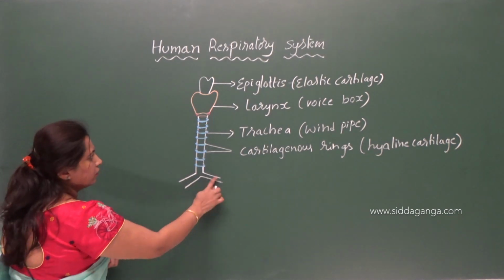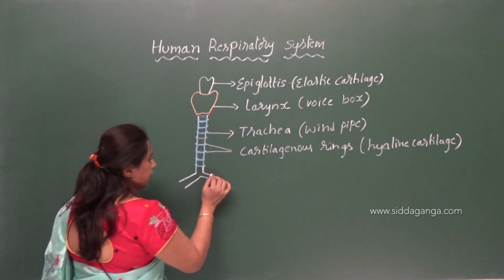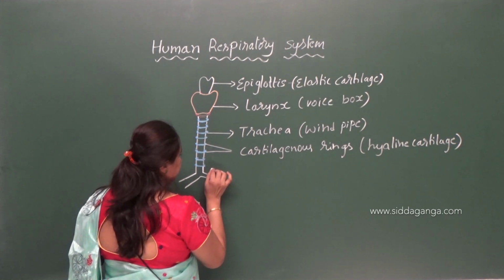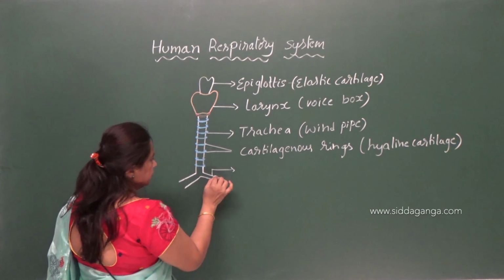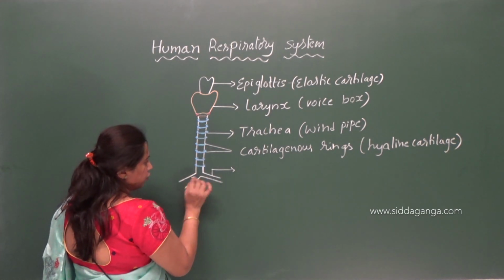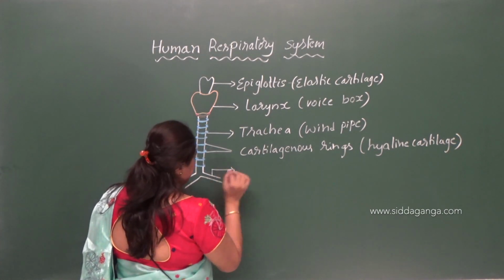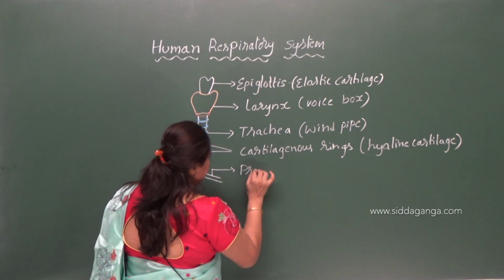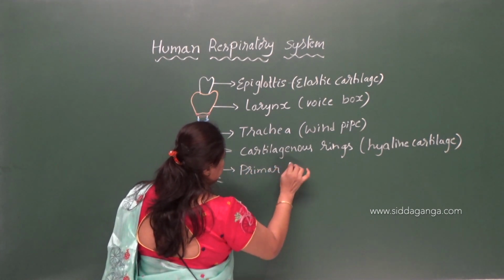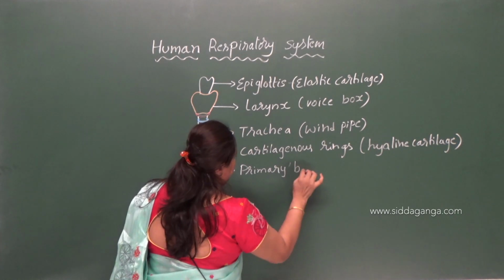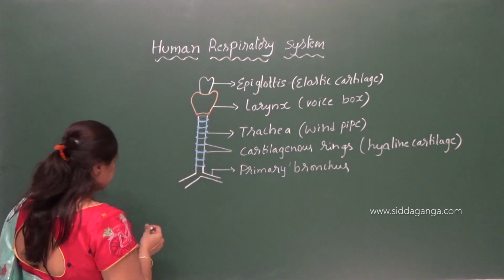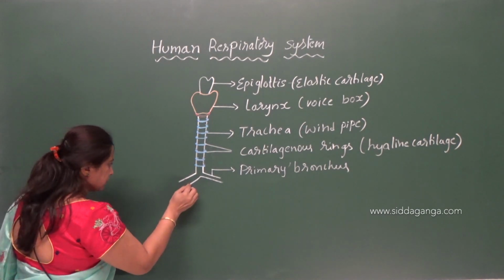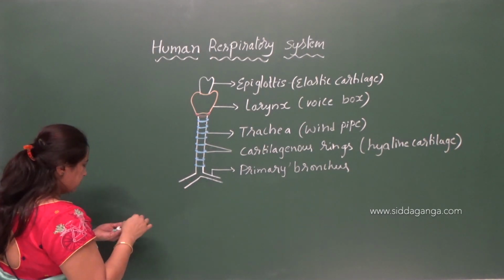Bronchi is plural, bronchus is singular. So how many bronchi are there? Two bronchi. So this is the primary bronchus. These primary bronchi enter the lungs.